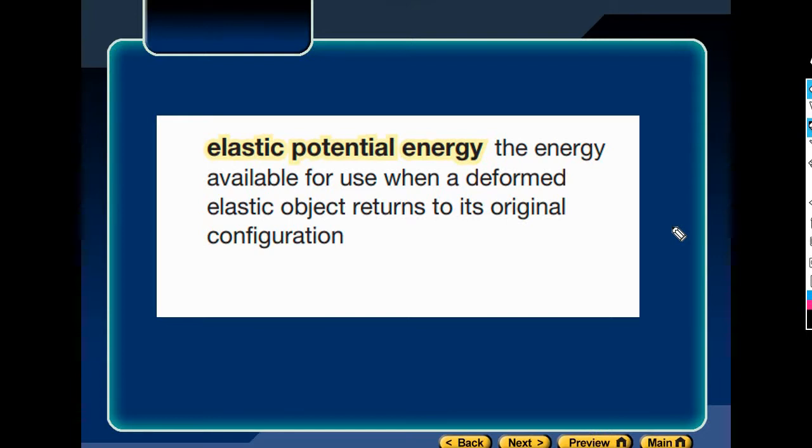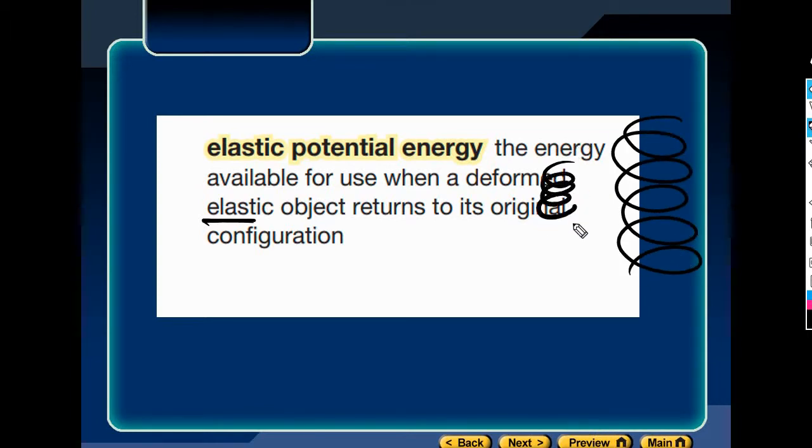Excellent. Now where does the elastic potential energy come from? It comes from the elastic object, the flexible object. For example, a spring. When we compress this spring and release it, the spring will move up and down. Why?